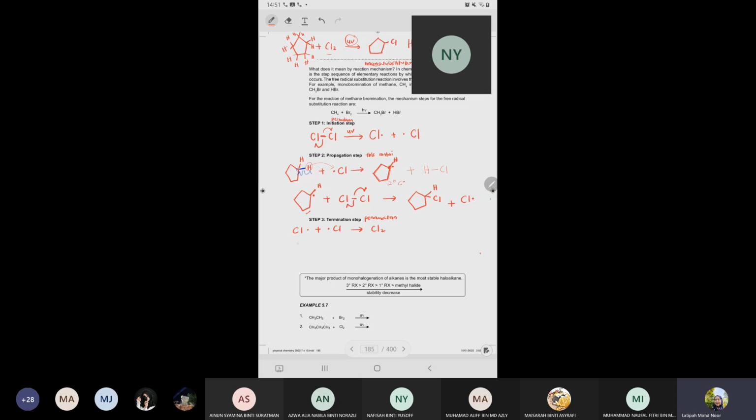Okay, kemudian kita ada free radical of carbon. Okay, ni react dengan Cl dot, dapat apa? Dapat balik produk. Okay, saya tak nak tunjuk dia punya H, tak tunjuk H pun tak apa, betul. Okay, and then kita juga ada free radical of carbon react dengan free radical of carbon again.